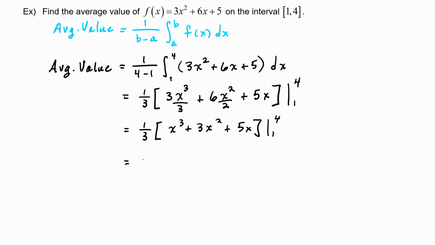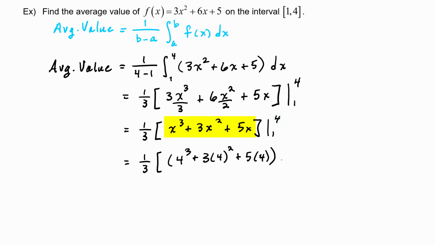Let's continue to simplify. We still have that 1/3 out front. Now we have to take the 4 and plug that into the entire function we have. So we have 4 to the 3rd plus 3 times 4 squared plus 5 times 4.